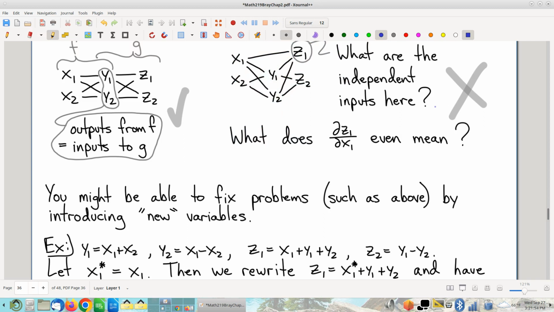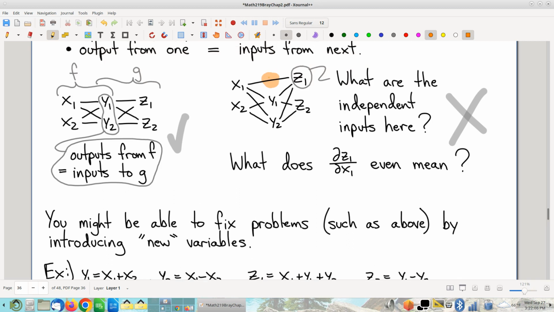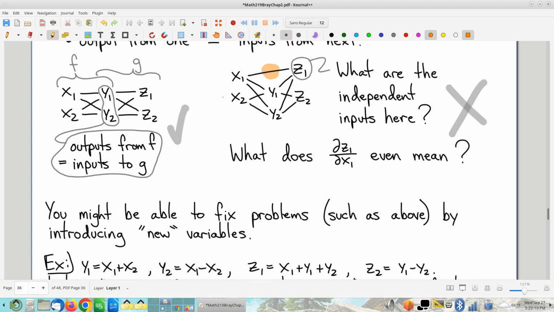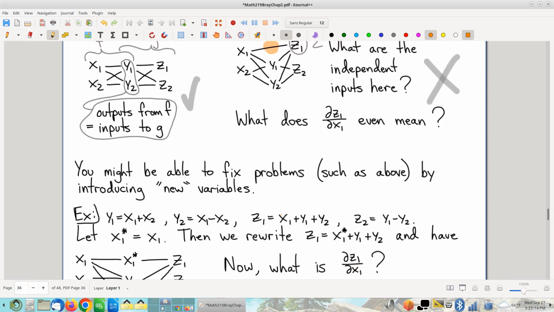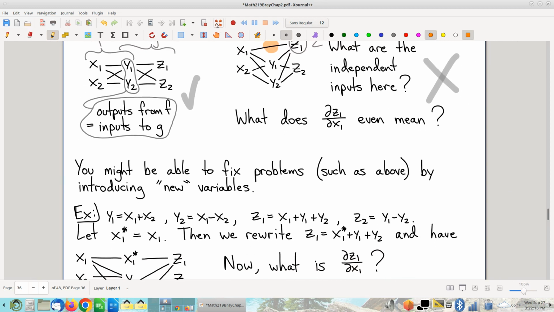So the big idea is to introduce a new variable if necessary. What I'm going to do is put a new variable right here, halfway between the z1 and the x1. I'll have to zoom out a little. Oh, and I forgot to hit this button here.